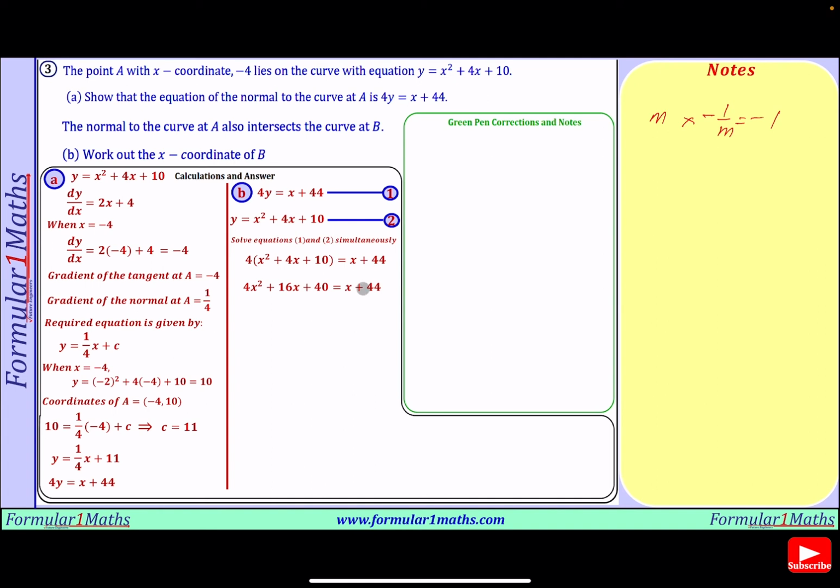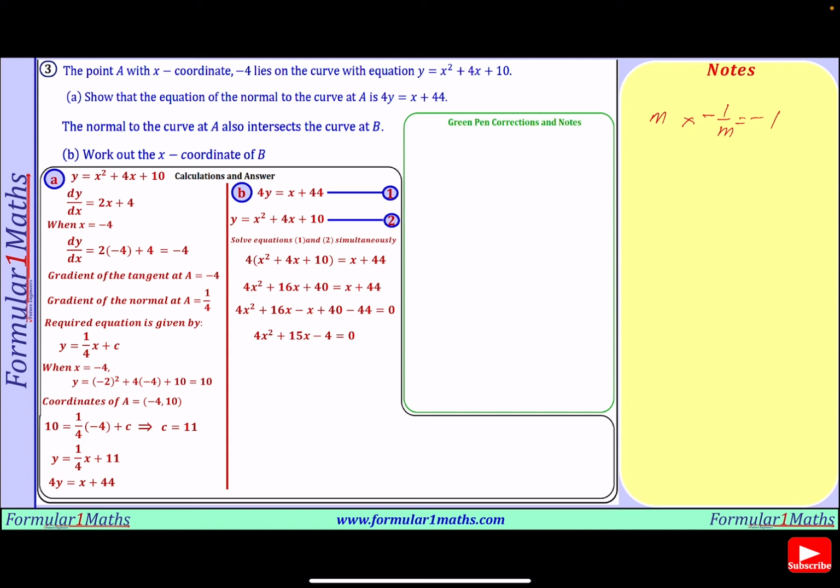Then I'll take x and plus 44 to this side of the equation. Then I'll get 4x squared plus 16x minus x plus 40 minus 44 equals 0. If I simplify that, I'll get 4x squared plus 15x minus 4 equals 0.